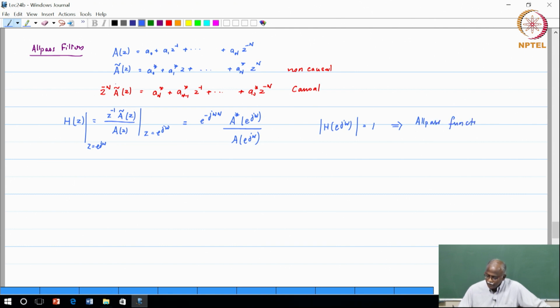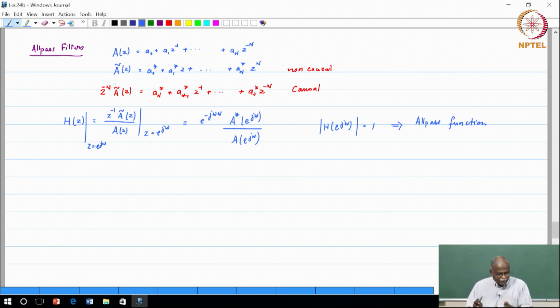So, in other words, the transfer function H of z is a ratio of some polynomial and its paraconjugate. Once you visualize it like that and you know that on the unit circle these are conjugates of each other, then the all pass property falls into place.